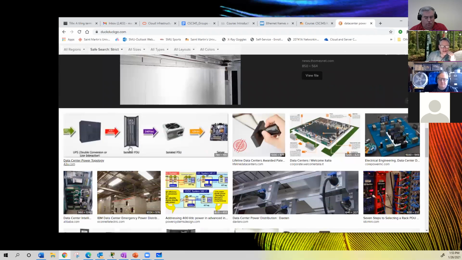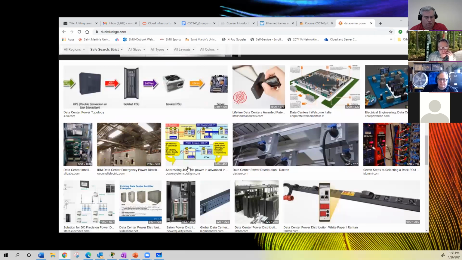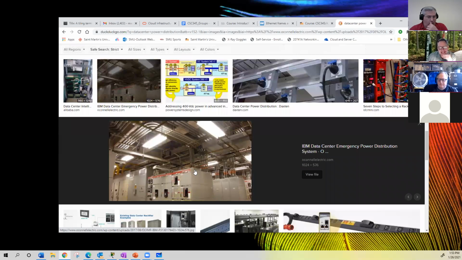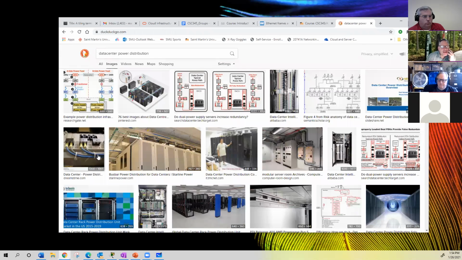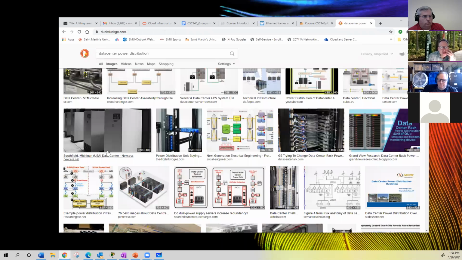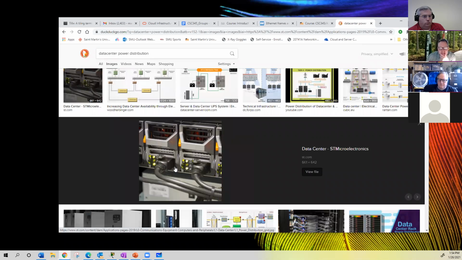You lose some power to heat as it comes into these power units and is broken down. And even when it plugs into your server, these power supplies are not 100% efficient.